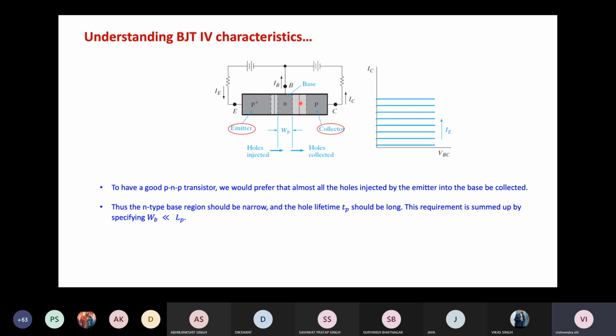If we assume that the emitter is not there, then when VBC is 0, which means equilibrium, no voltage applied, the minority drift is equal to the majority diffusion. There is a minority current, but it is balanced by the majority diffusion current, so the net current is 0.